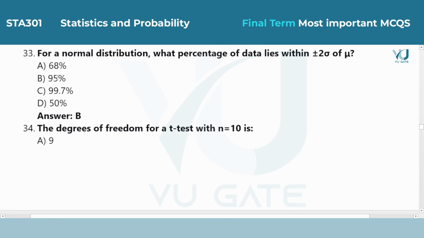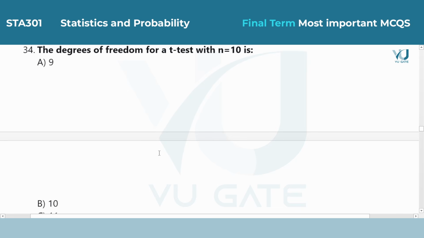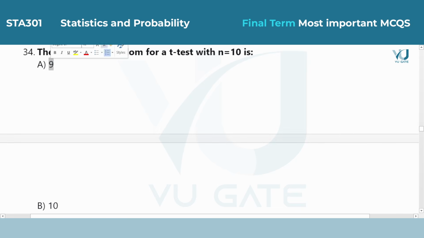B, 95%. Explanation. According to the empirical rule, approximately 95% of all observations fall within 2 standard deviations of the mean. Question. The degrees of freedom for a t-test with n equals 10 is. Answer. A, 9. Explanation. Degrees of freedom for this test are calculated as the sample size minus 1.